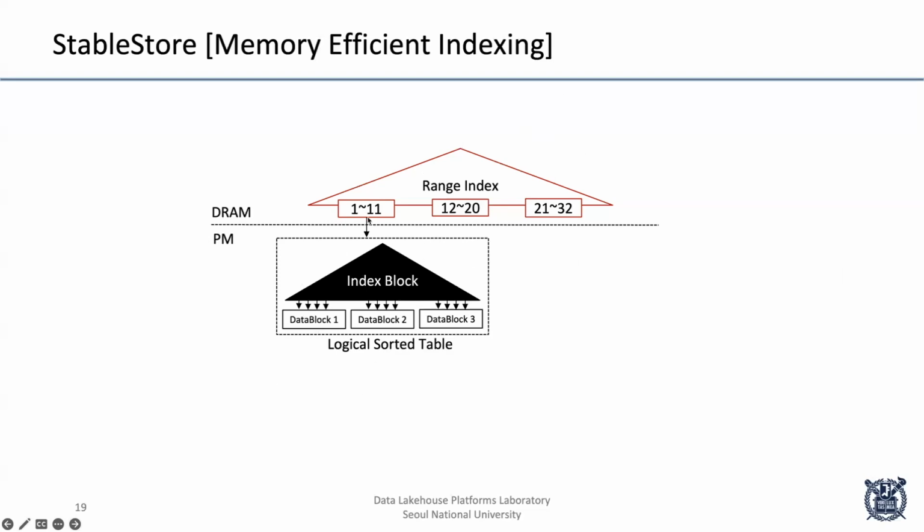The volatile B+ tree indexes persistent objects called logical sorted tables, or LSTs. Each LST is an index block and multiple data blocks that it indexes. It also holds the key and the value of an index entry in the index block and the minimum key of its index data blocks.